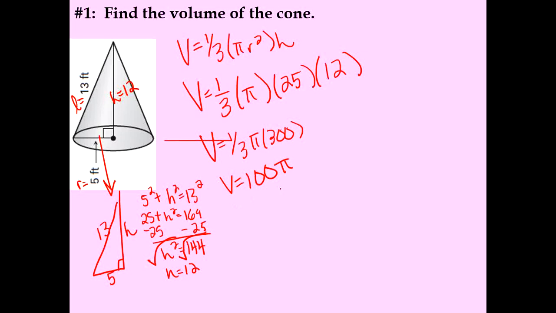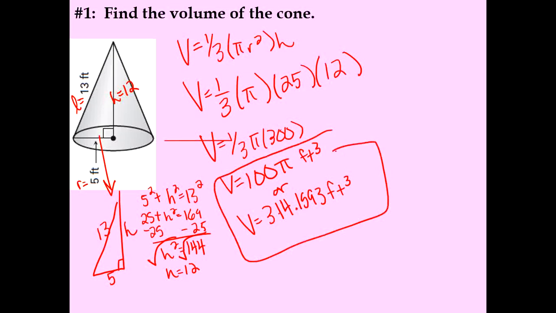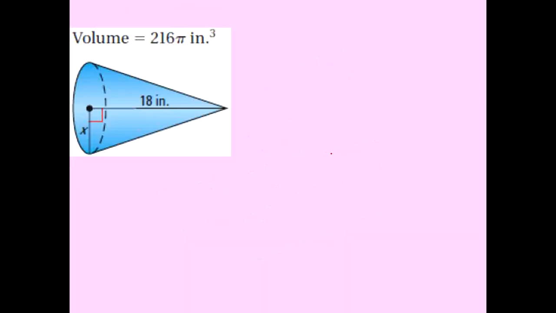You can give me 100 pi feet cubed, or you can give me the actual decimal, which would be 314.1593 feet cubed. So you can leave your answer in exact form, or you can give me the decimal.